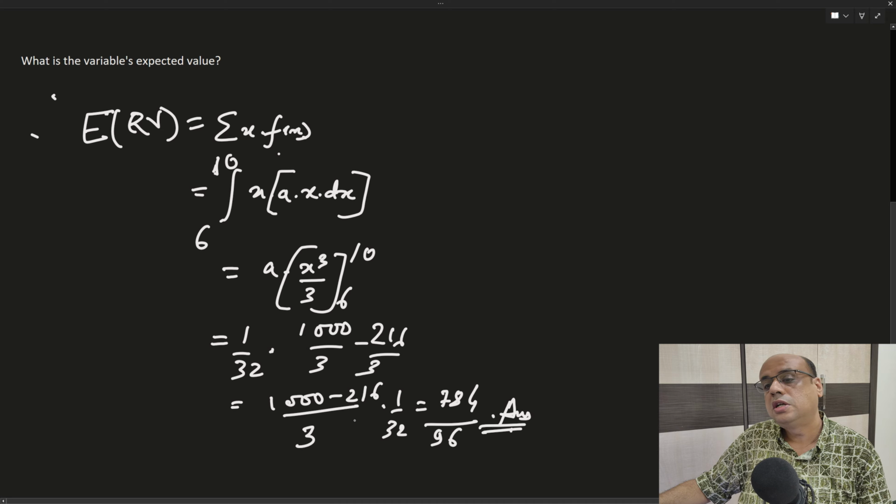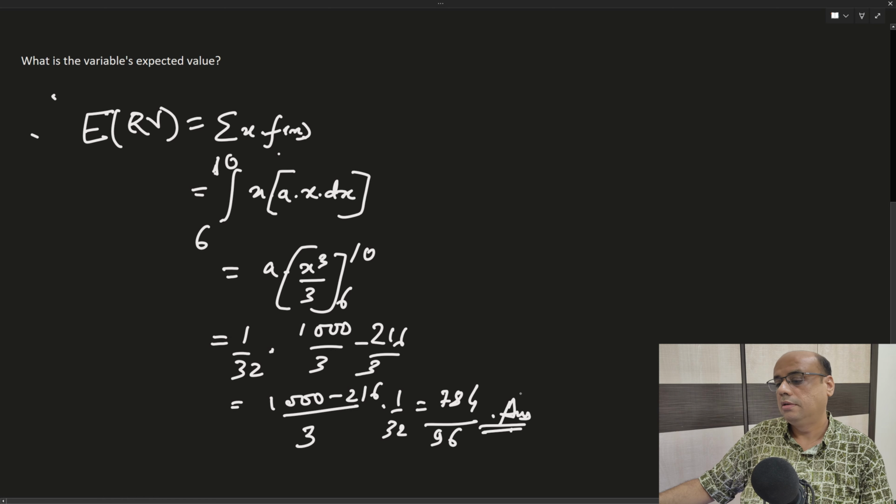This is the expectation of the random variable, which is around 8 point something.